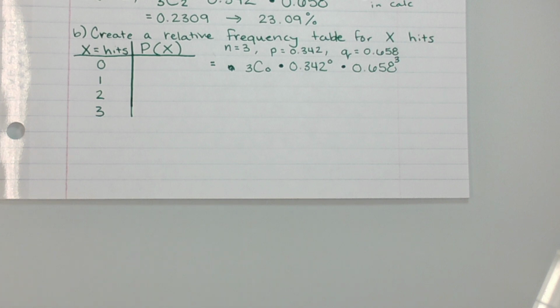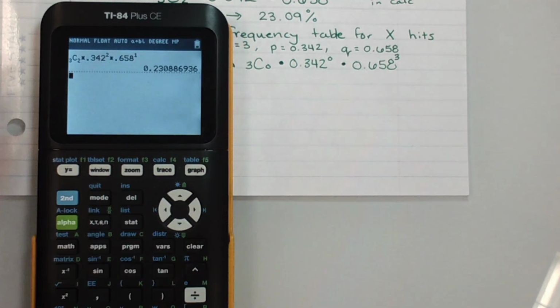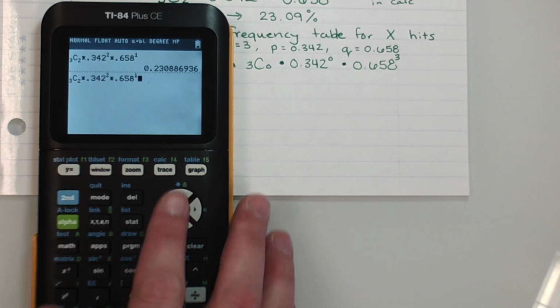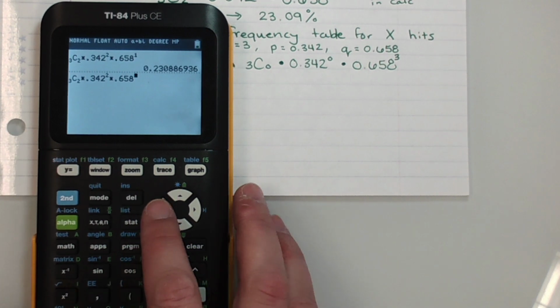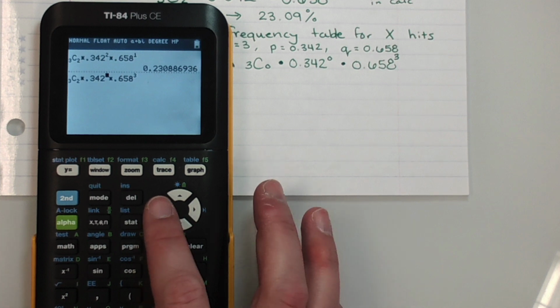Now, if you do enough of these, or if you look a little bit closer, you actually can shorten the amount of things you type into your calculator. A couple of different ways. One way is, if you've already gotten it typed into your calculator, remember, you can edit previous things you've typed in. On the TI, click second and enter. It brings that back up, and I can just go through and change just the specific numbers I need.